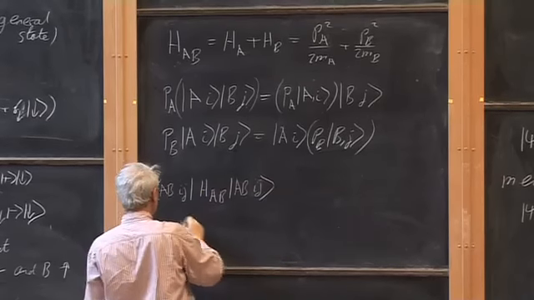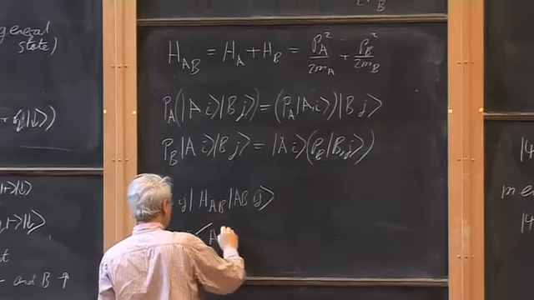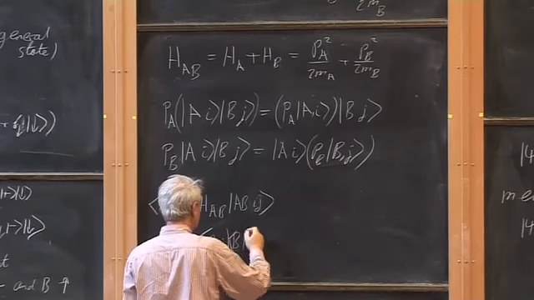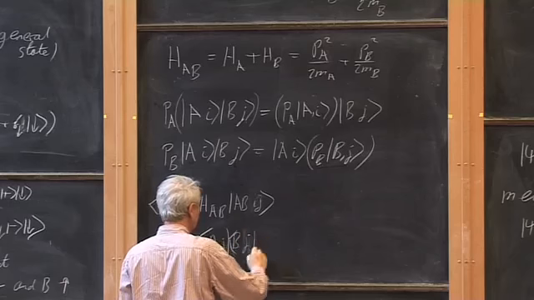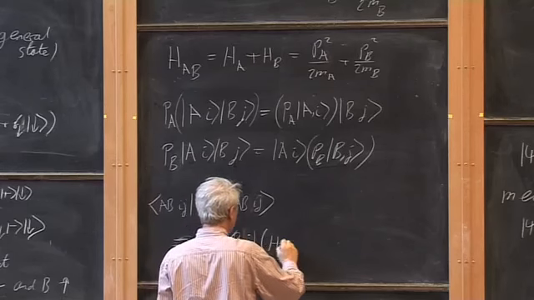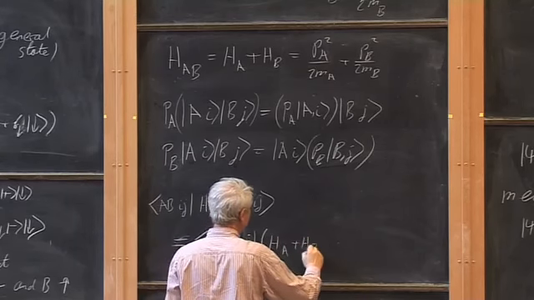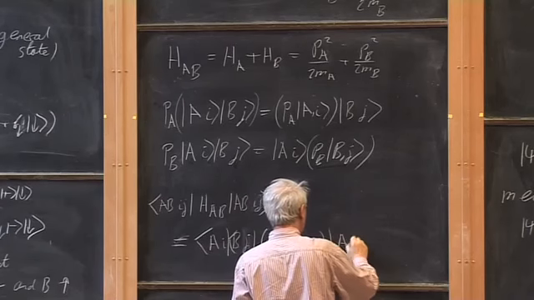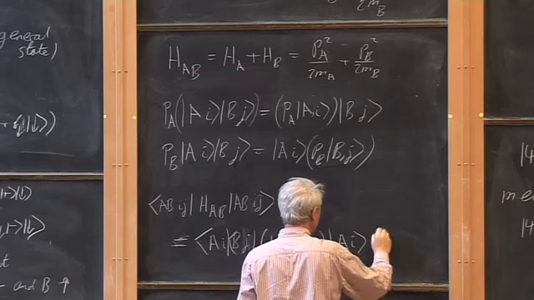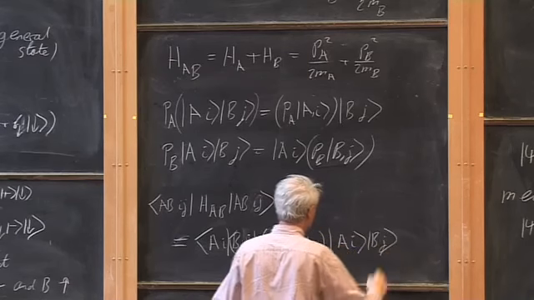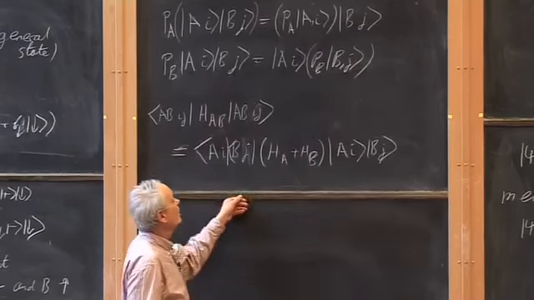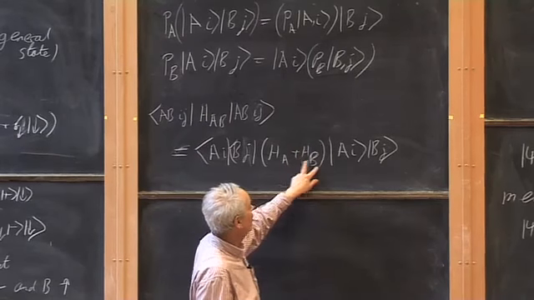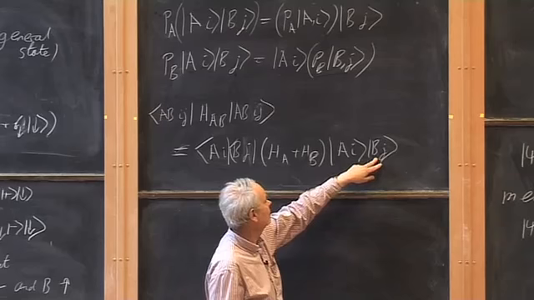So what does that mean? That means AI Bj, brackets HA plus HB, close brackets AI Bj. So this operator ignores that because it's a B operator and homes in on that.